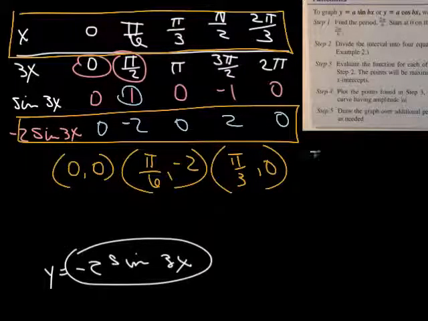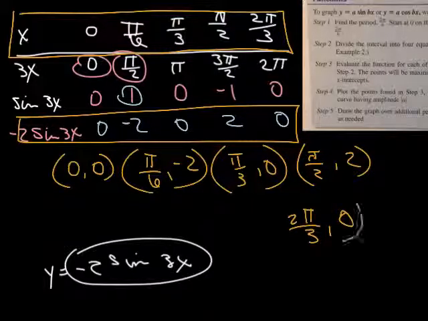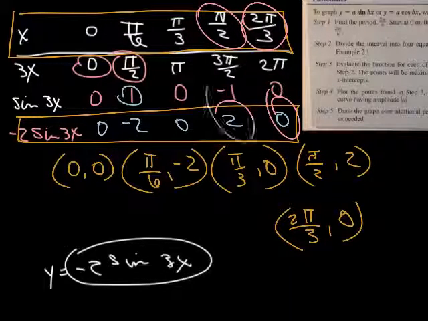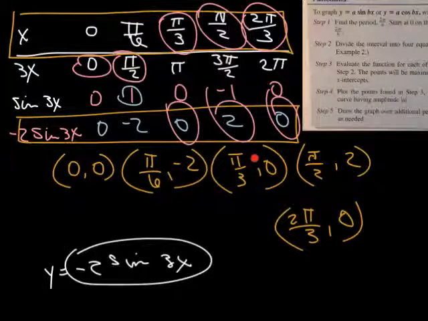When x is pi over 2, y is 2. And when x is 2 pi over 3, y is 0. So I have the pairs here, x, y, x, y. Okay, so this is enough information here to graph it.